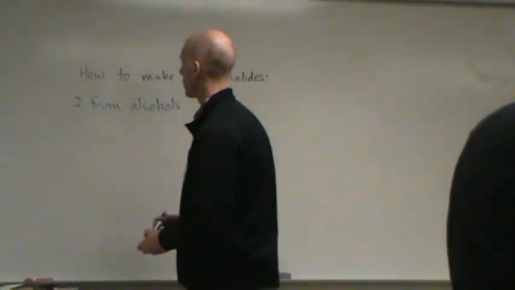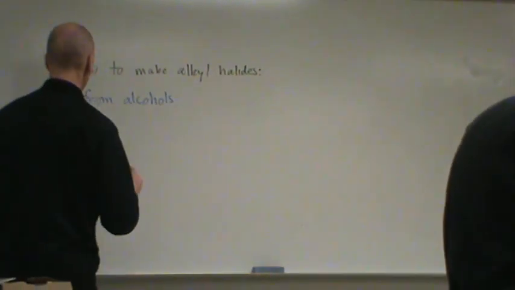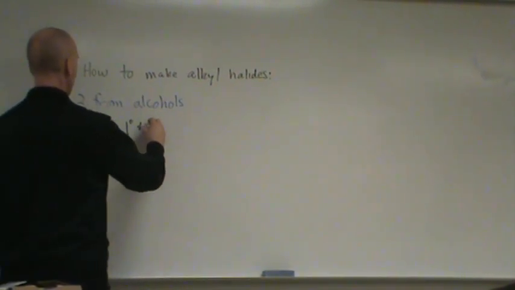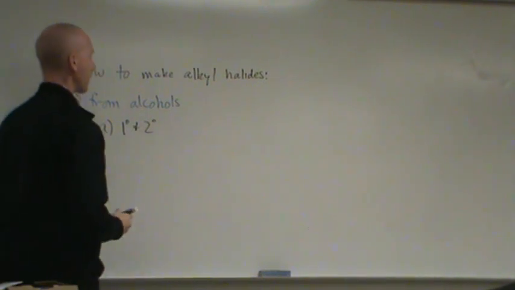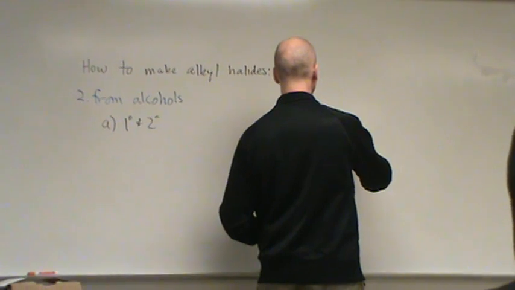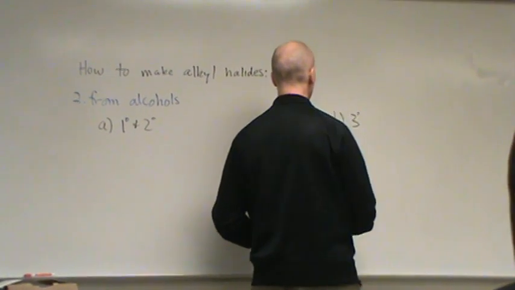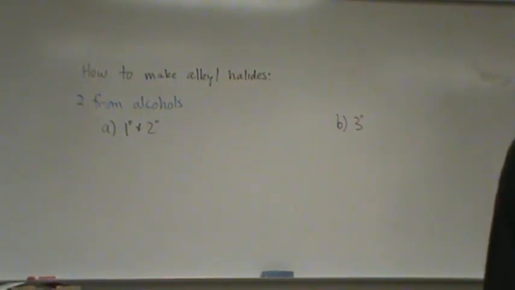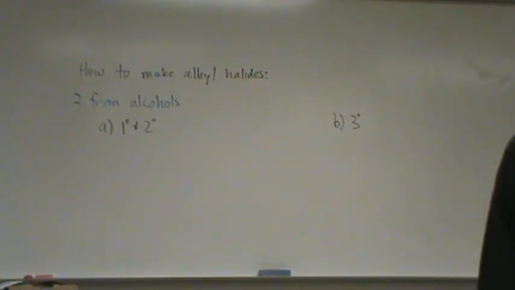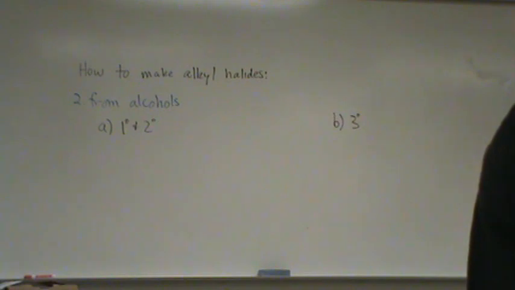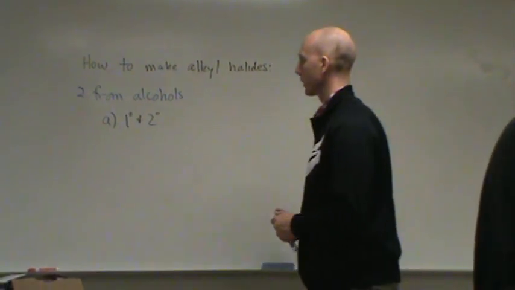And what we'll do is break this down to 2 parts, primary and secondary alcohols, and tertiary. Students always get confused on this to start with. Let's see if you follow as I do this.